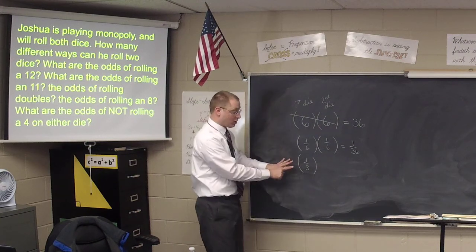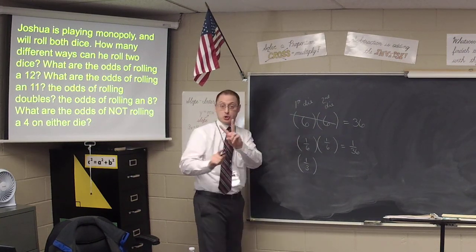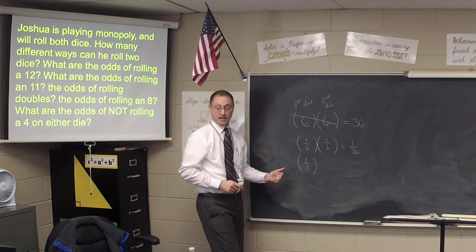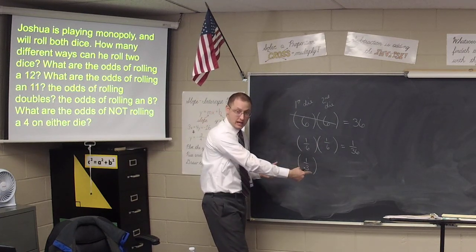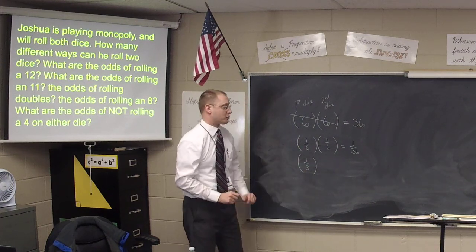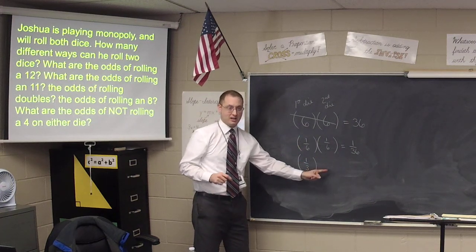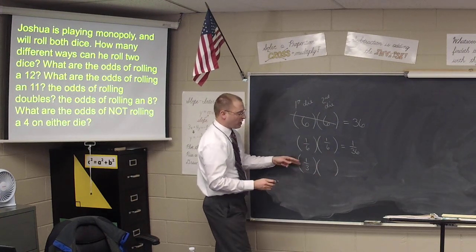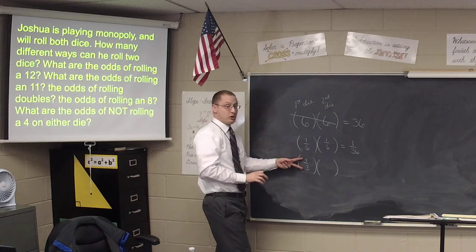Of the 6 things that could come up, a 5 or a 6 gives you 2 choices. But if the first one's a 5, to get an 11, you'd have to now get a 6, and only a 6. Or if you got a 6 on the first one, you'd have to get a 5, and only a 5. So you have 2 choices for the first die.